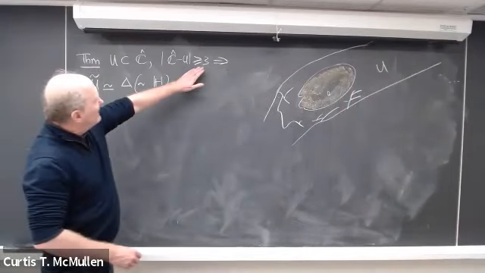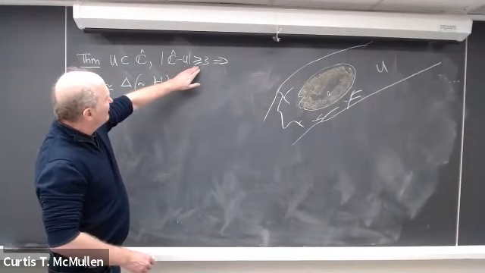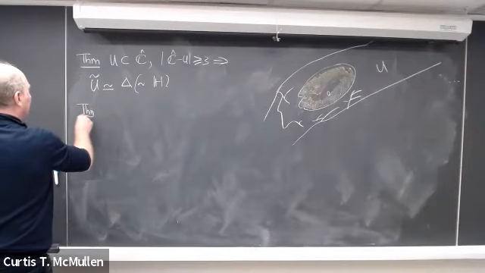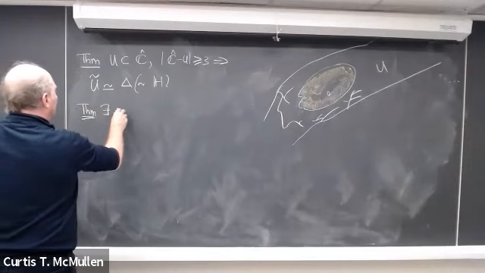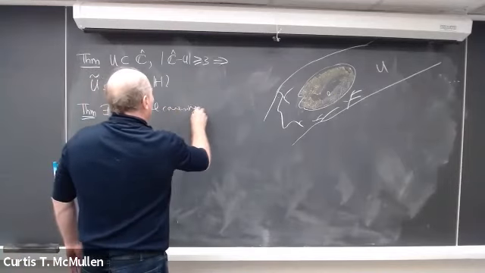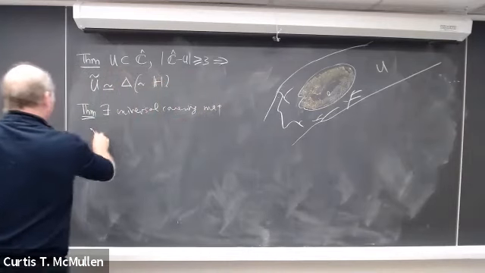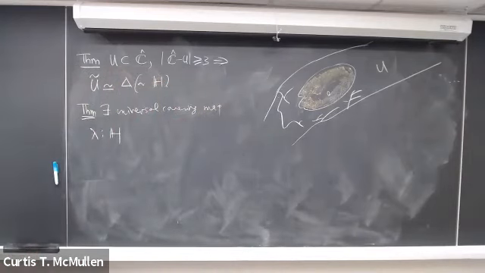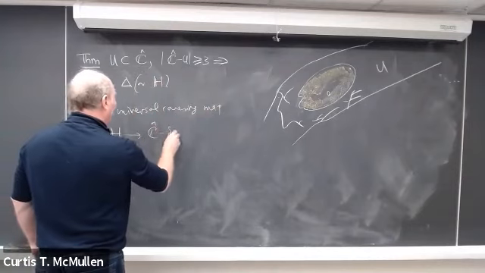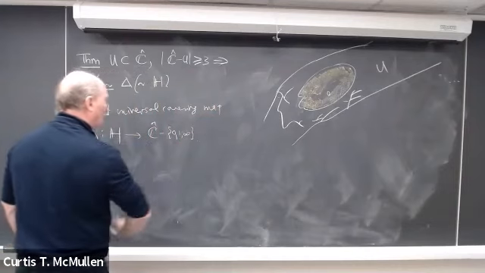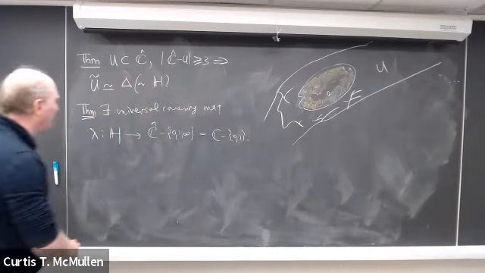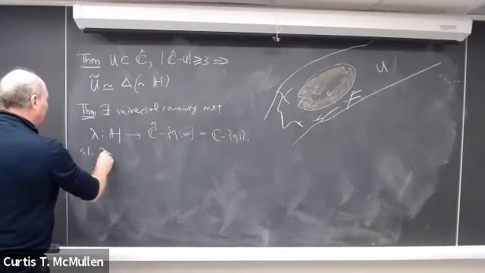And the most extreme example is when you just take away 3 points from the sphere. So this theorem I will discuss, which is that there exists a universal covering map, lambda, from the upper half plane to the Riemann sphere with 0, 1, and infinity removed, or if you like, the complex plane with 0 and 1 removed, such that lambda is analytic.